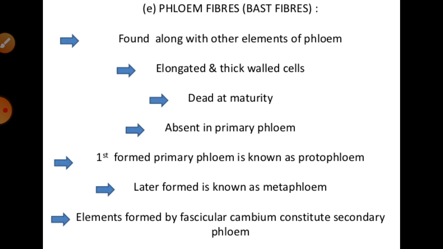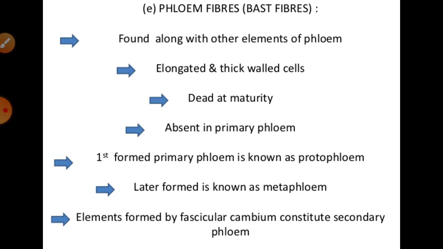In the same way, here the sclerenchymatous cells, means the phloem fibers, are made up of sclerenchymatous cells, and generally they are absent in the primary phloem, but they are found in the secondary phloem. While the phloem is starting to develop, these sclerenchymatous fibers, or we can say cells, are absent, but whenever the secondary phloem is completely developed, these cells are found there. And we can say the cell wall of the phloem fibers is very thick, right?